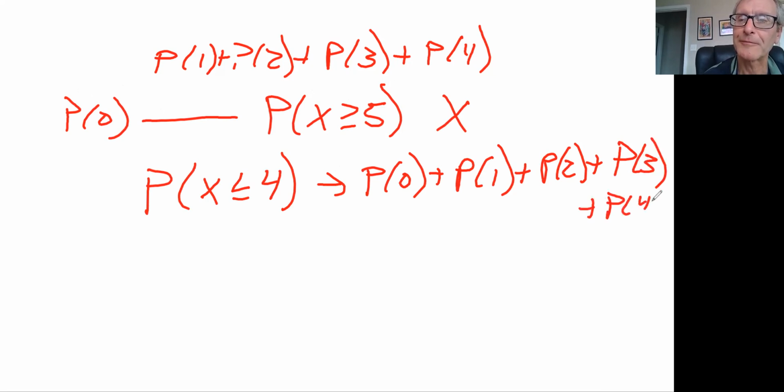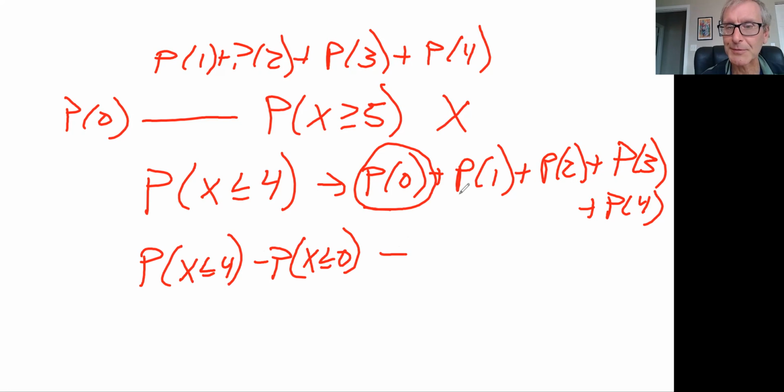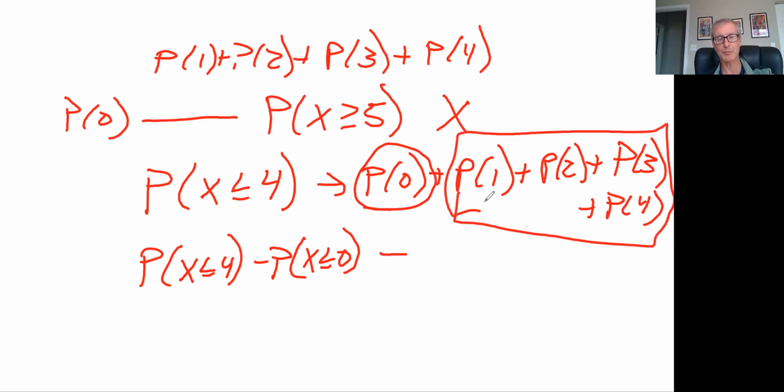You see, we got all 5 of those now. But we want to get rid of this one. So how do we do that? We just subtract it, right? If we set it up this way, x less than or equal to 4 minus p x less than or equal to 0, you would just get these 4 numbers for probability, and that's what we want to do.